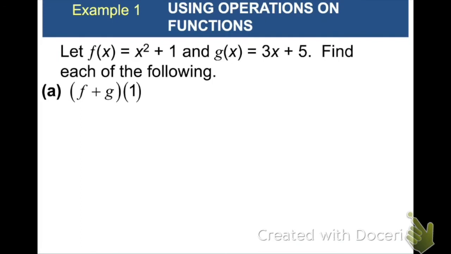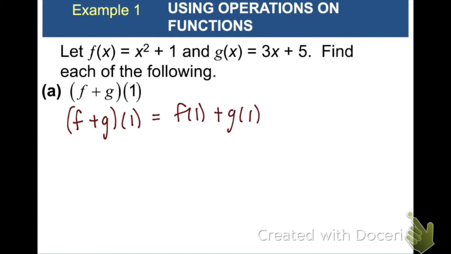In our first example, we're going to evaluate each of these operations on functions by plugging in a number for x. So for example, here we have two functions, function f and function g, and we're going to find f plus g of 1. So another way we can write this from our definitions is f of 1 plus g of 1.